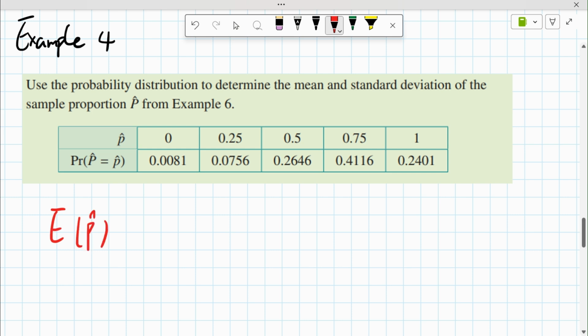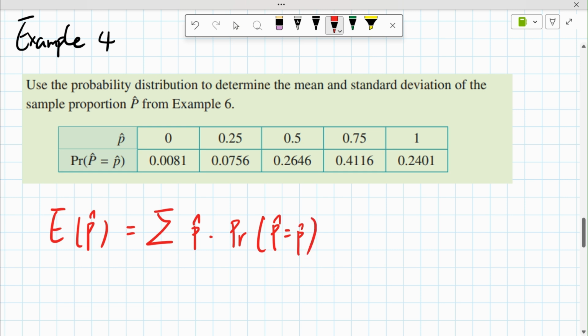For the mean, we use the sum of the sample proportion multiplied by the probability of the sample proportion equal to p.